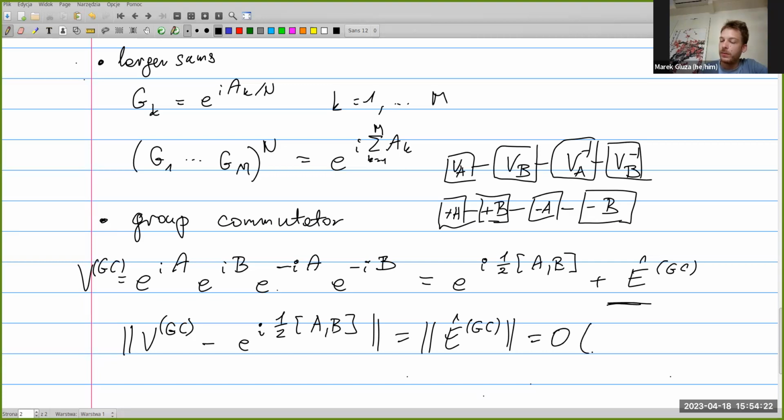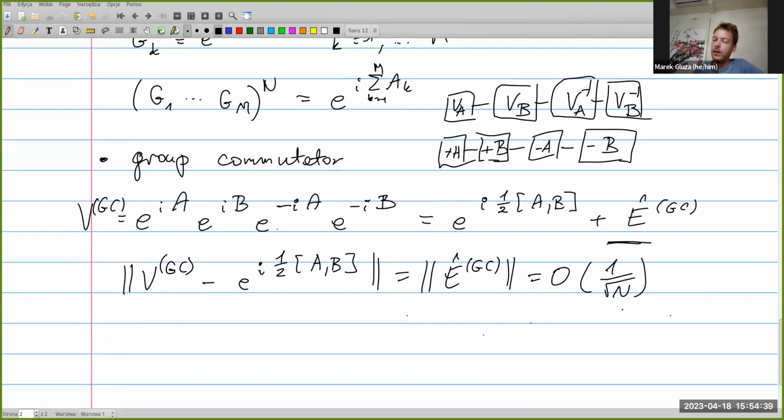And here we can prove that this is O(1 over square root n). I think that was the bound, if I'm not mistaken. Yeah, I think so. That was this bound. It's a little bit slower. So let me just tell you what I mean by slower.